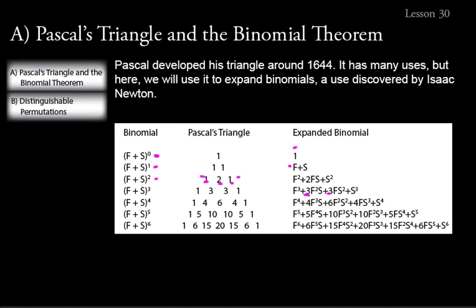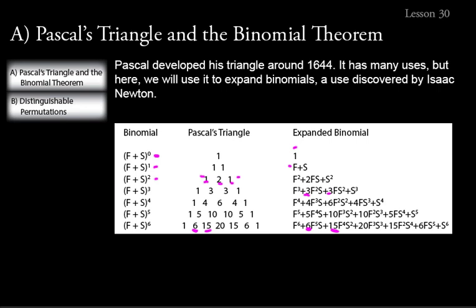And you can just see how those coefficients that you create in the Pascal's triangle go in order as you move left to right through an expanded binomial. Notice the exponents in the binomial as well.